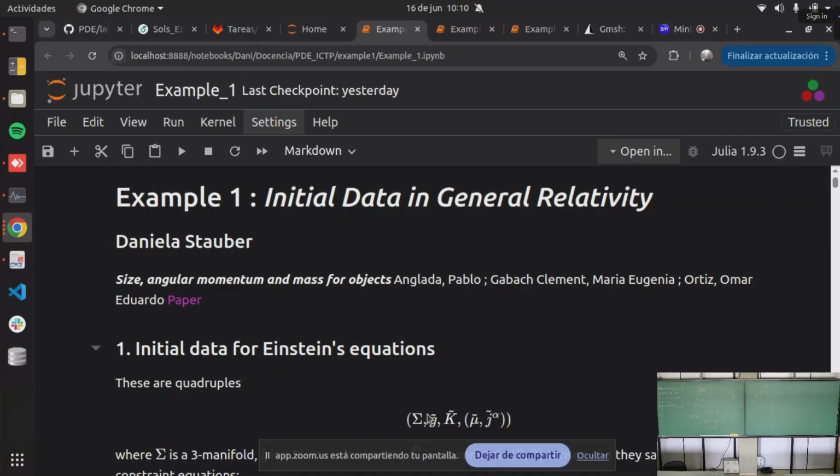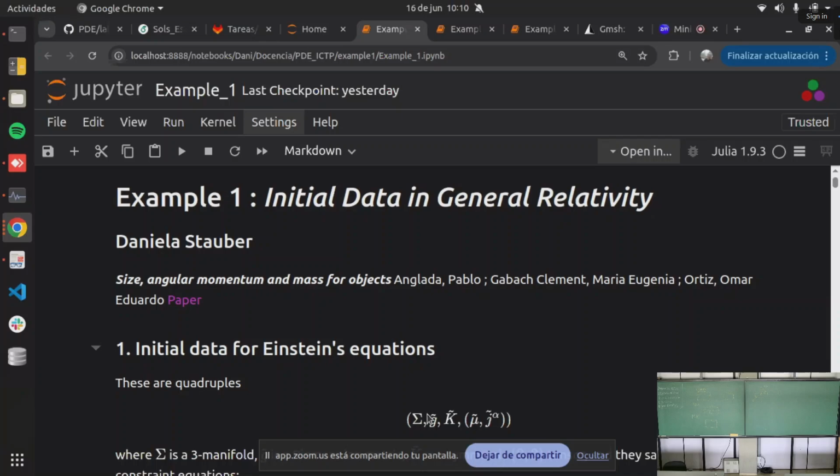My name is Daniela Stauber. I'm a PhD student in physics under the direction of Oscar Reula. Thank you for inviting me, Oscar, Pablo, and Joaquin. In my PhD, we are working on finding numerical solutions of the stationary Einstein equations.